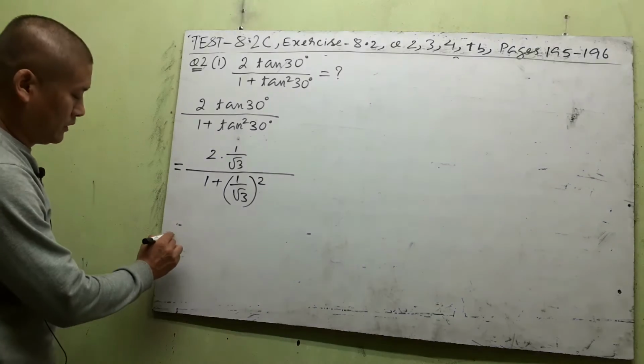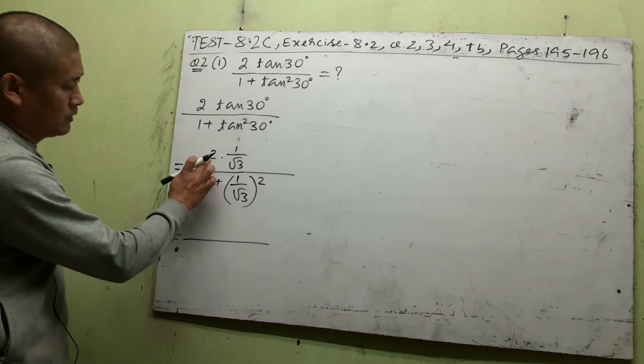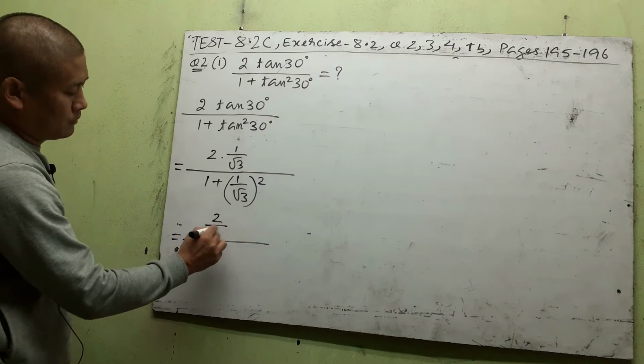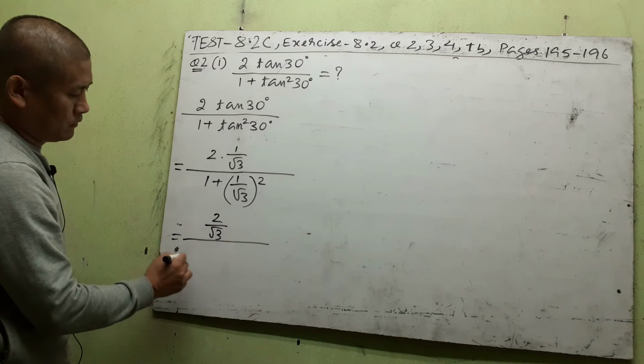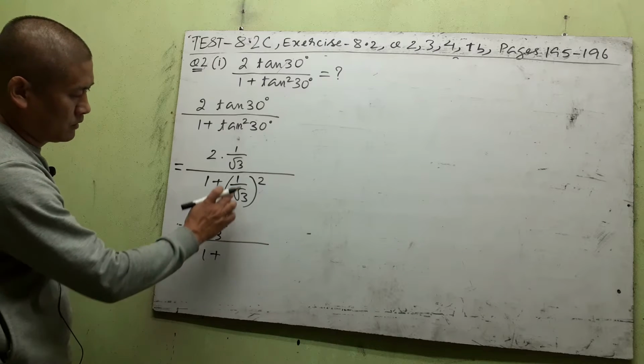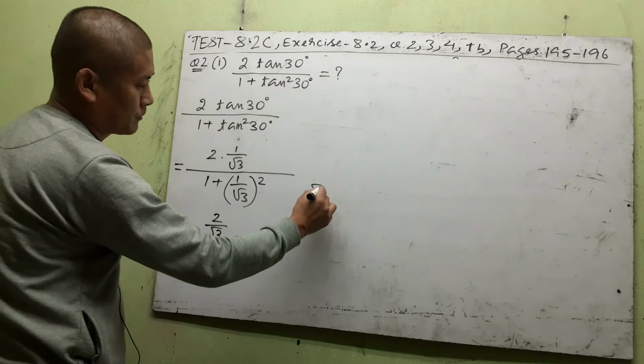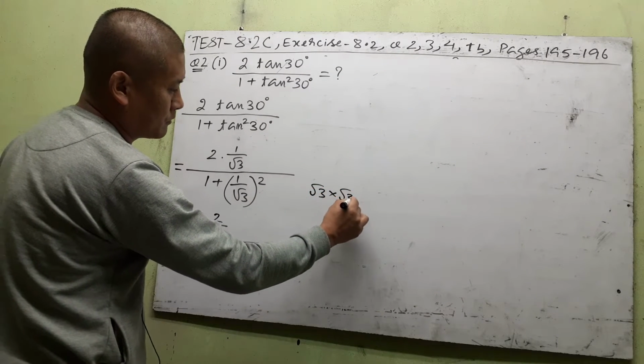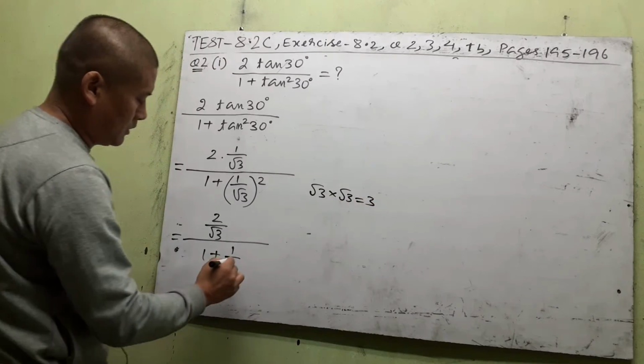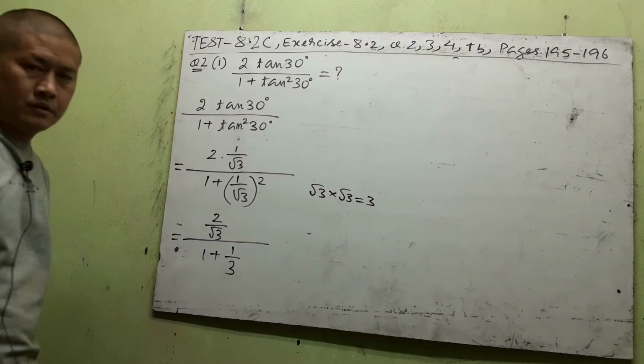Then the next step: 2 ones are 2, divided by root 3, and here 1 plus 1 ones are 1 square, and root 3 square is root 3 into root 3, so that is equal to 3. Let's write here 3.